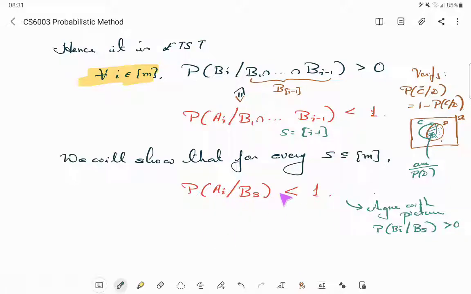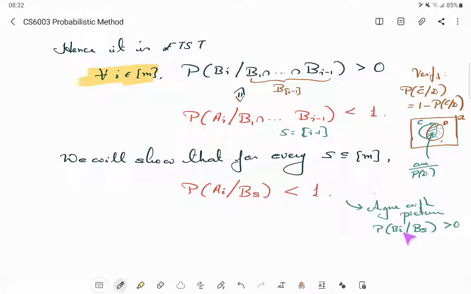These two equivalences: showing that this is less than 1 is equivalent to showing that P of Bi given Bs is greater than 0. Now the advantage is that everything now looks like B events. So what we are saying is that P of Bi given the intersection of any subcollection is greater than 0. In particular, even if this subcollection is everything else, or even including i, this is greater than 0.